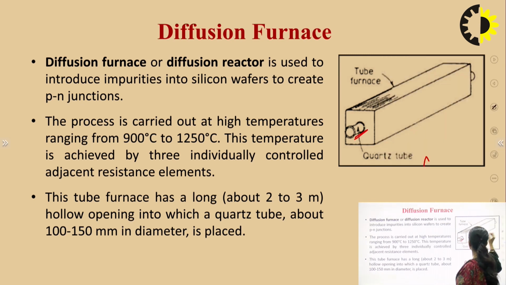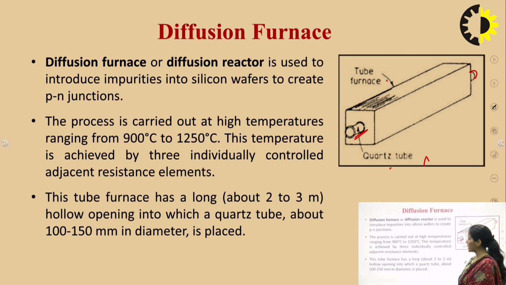The tube is inserted inside this hollow furnace, and this is the quartz tube and this is the furnace, the whole arrangement. So this is known as the diffusion furnace, or we can say the diffusion reactor, and it is used to introduce impurities into silicon wafers to create PN junctions.